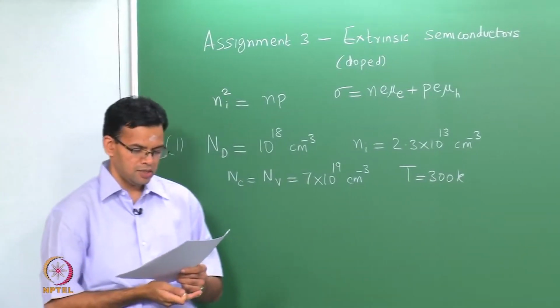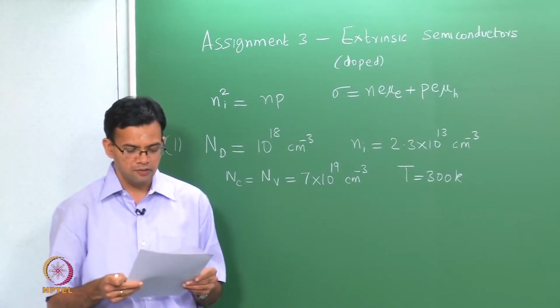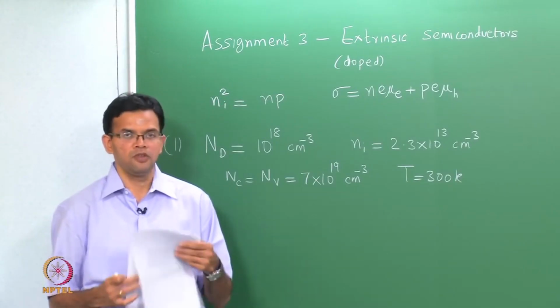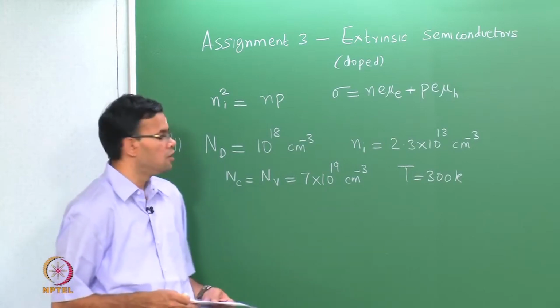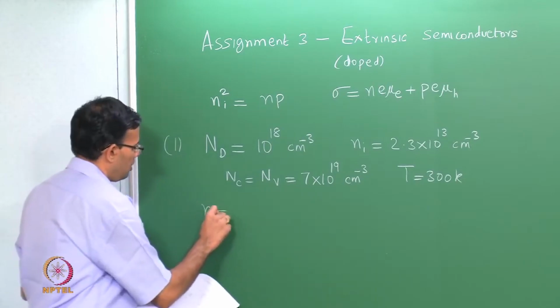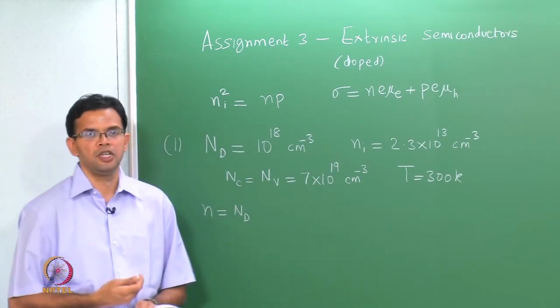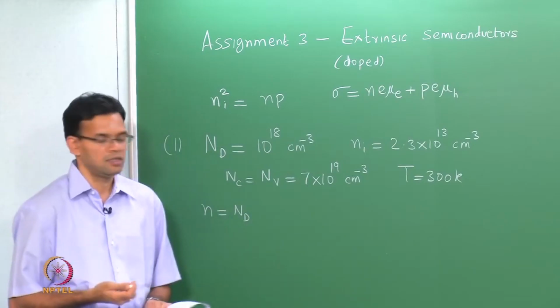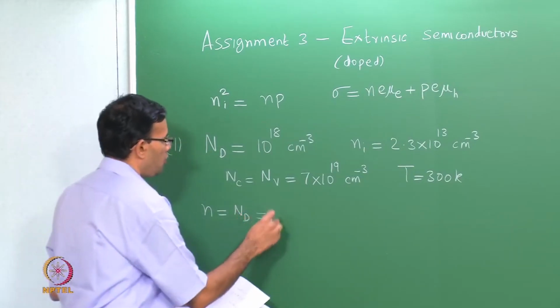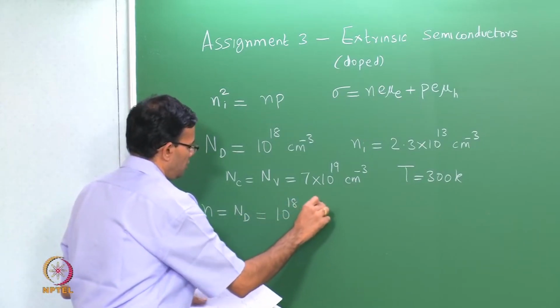The first question says: what is the hole concentration at 300 Kelvin? It is doped with donor ions, so it is an n type semiconductor. So, n is equal to Nd. At room temperature the impurities are usually fully ionized. So, n is equal to Nd equal to 10 to the 18.